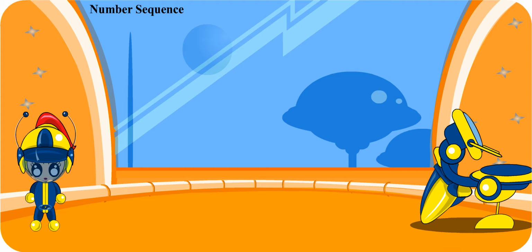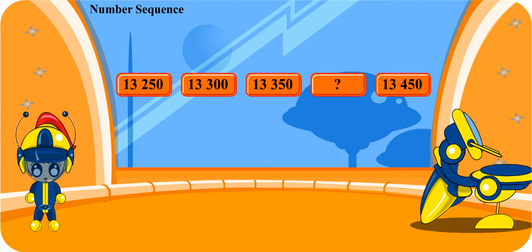For example, let's look at this number sequence. We need to study its pattern first. The difference between the first number and the second number is 50. The difference between the second number and the third number is also 50. So, we can see that the pattern is such that the number is always 50 more than its preceding number.